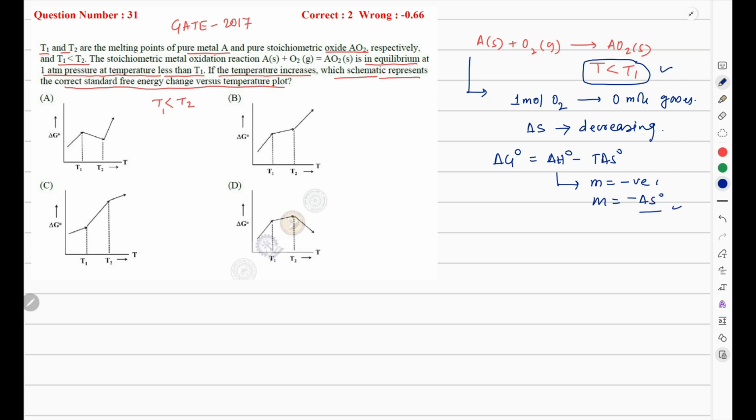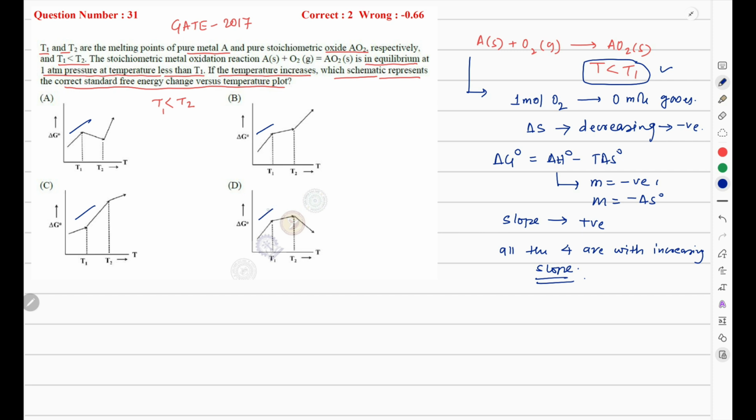The change in entropy for this reaction is negative, so overall the slope will be positive. Therefore, all four options have an increasing slope.